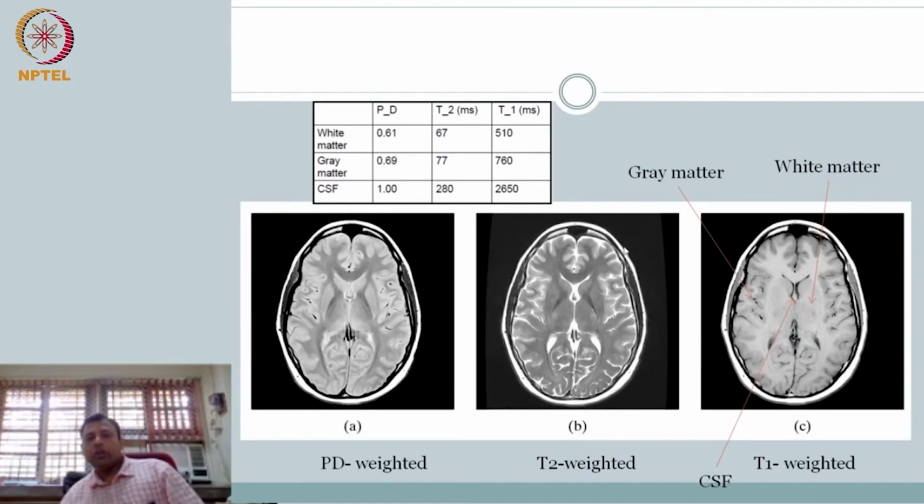Clearly each image is going to look different, right? This is the same slice. This is what we call a PD weighted image, T2 weighted image, and T1 weighted image. This is the same table from the last slide. You have different materials and each of them has different properties.